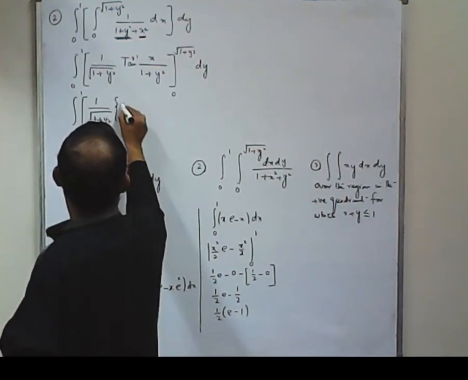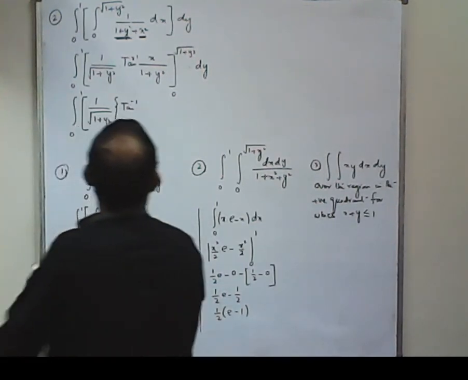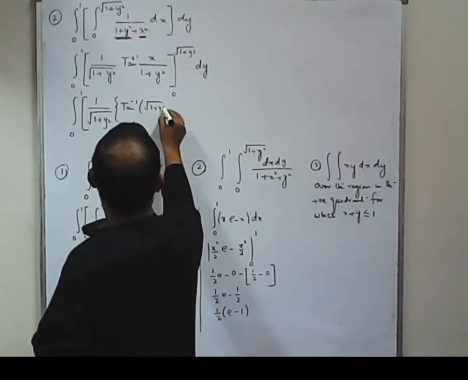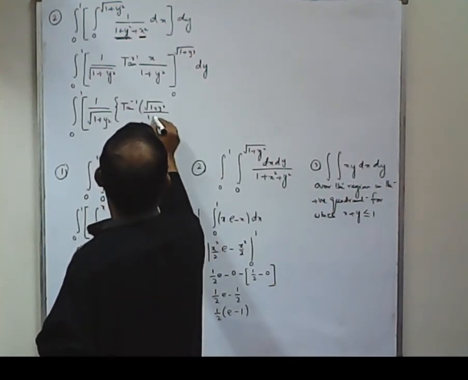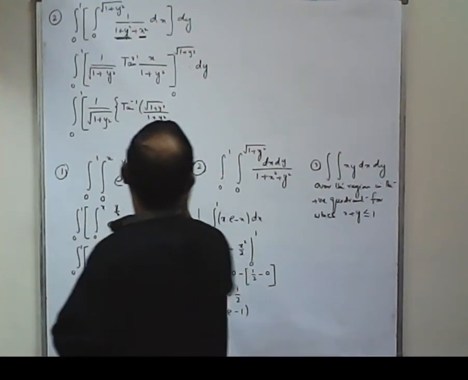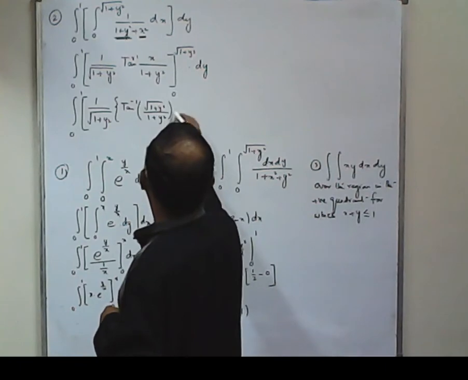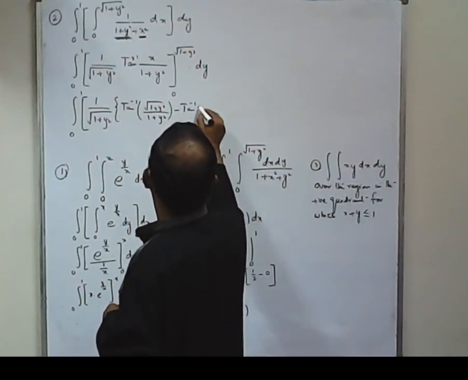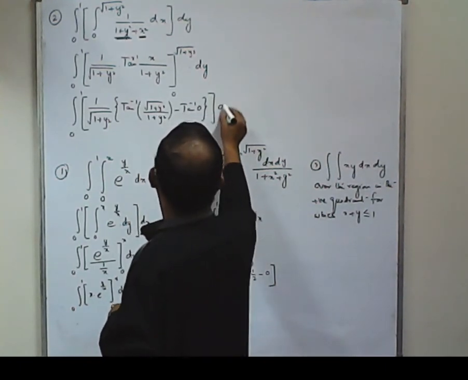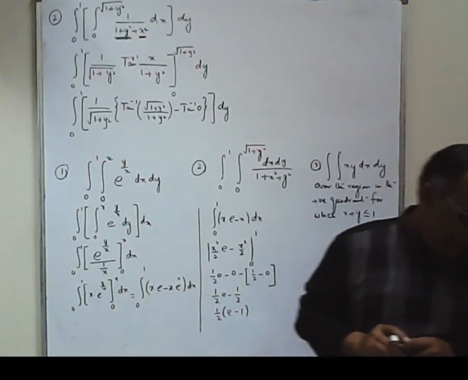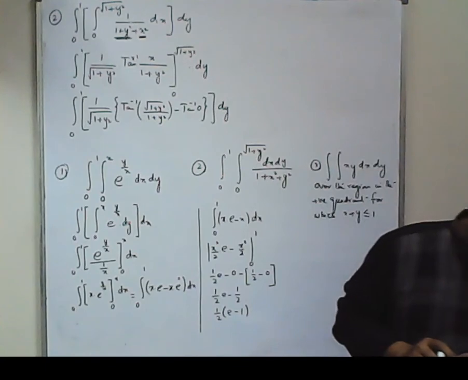Applying limits, tangent inverse of under root 1 plus y square upon under root 1 plus y square minus tangent inverse 0, dy, because we are substituting the limit with respect to x first.